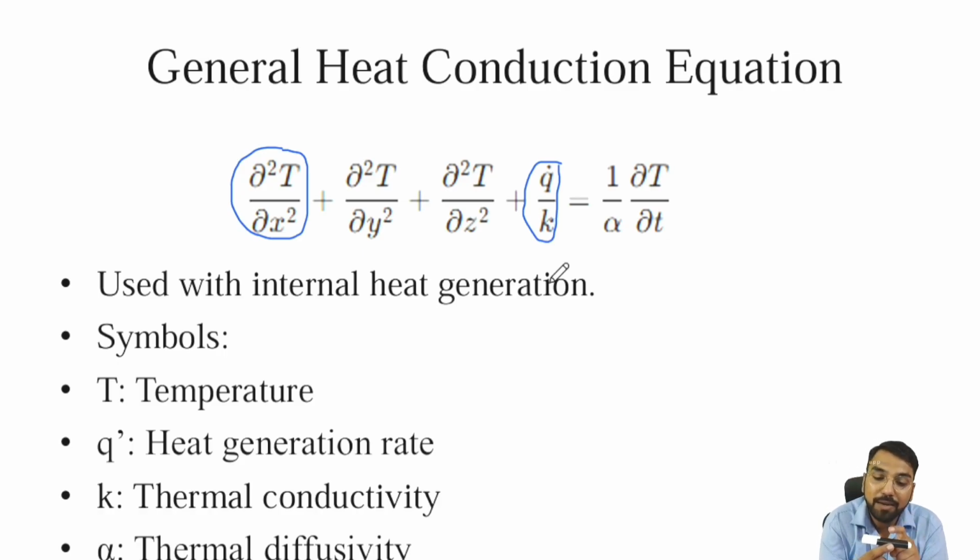But when the internal heat generation component is there, due to the material property of certain materials, the heat is going to be transferred in another way, not in the same linear graph. Whatever we saw in the second lecture, the temperature gradient graph is linear, but due to the internal heat generation component, that graph will not be linear.